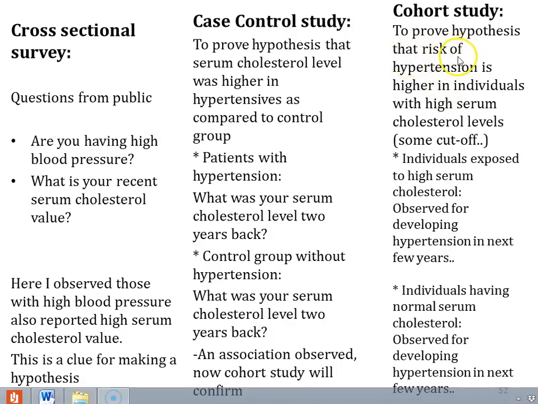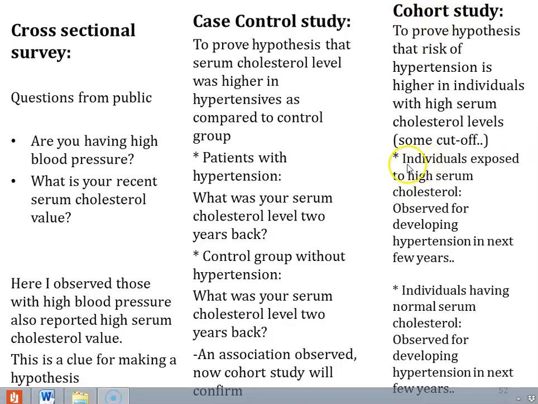It will be that the risk of hypertension is higher in individuals with high serum cholesterol levels, and some cutoff I will decide. Then I will take a population, that is, the population is called cohort. A cohort is a group of people with same characteristics.